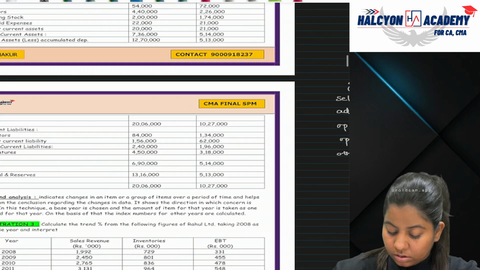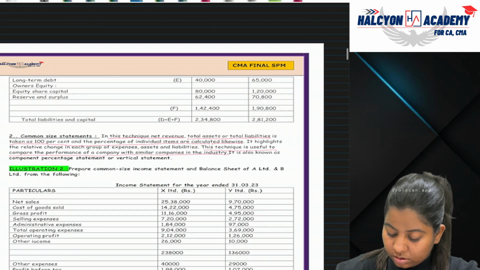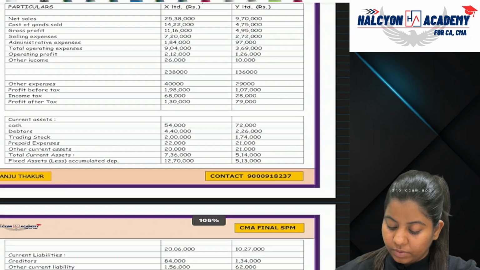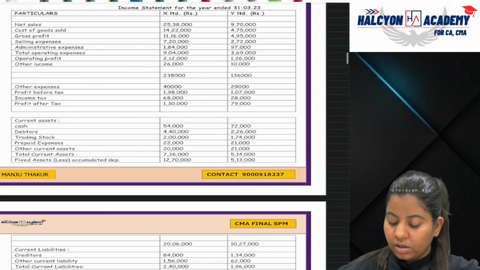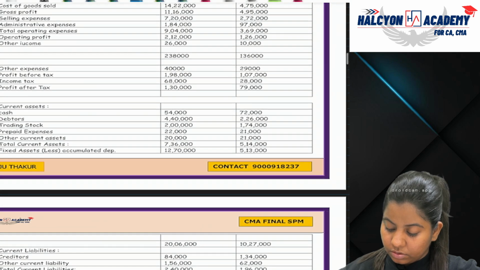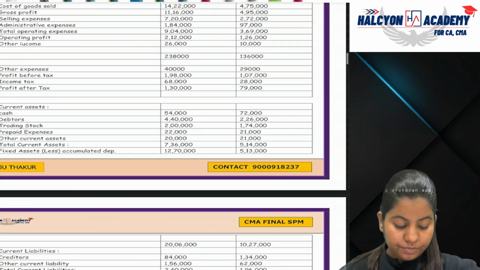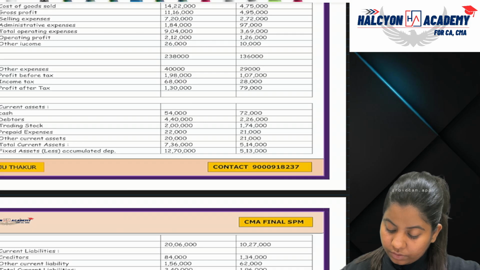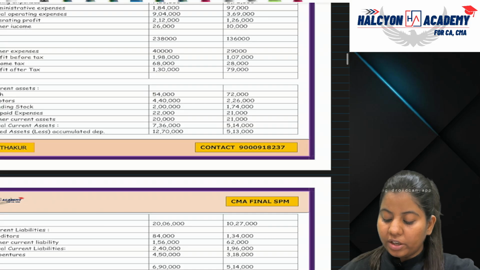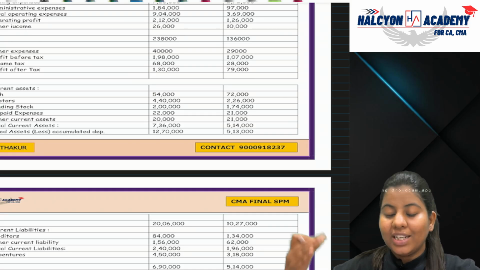Then expenses. First of all, other expenses. Other expenses is 40,000 for A Limited and 29,000 for B Limited.